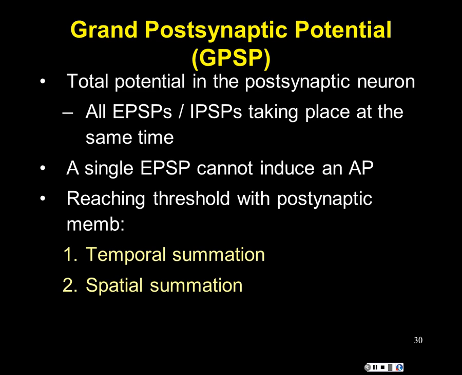Add them together. I can add excitatory postsynaptic potentials with other excitatory postsynaptic potentials. It's called a grand postsynaptic potential, another good old acronym. The ways in which our postsynaptic potentials are summed together are two types called temporal and spatial summation.